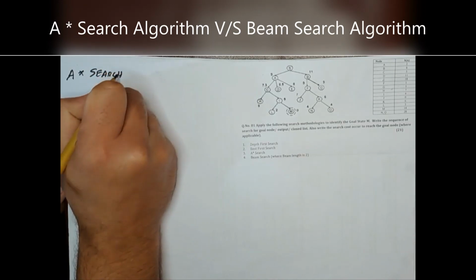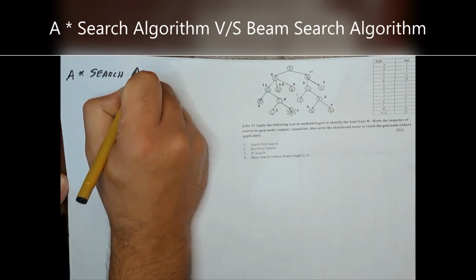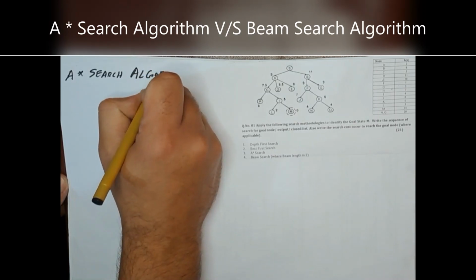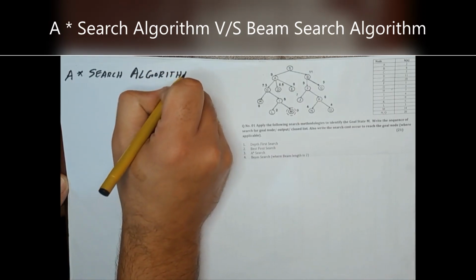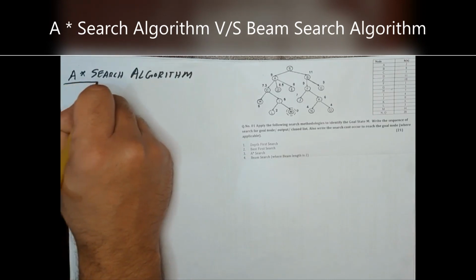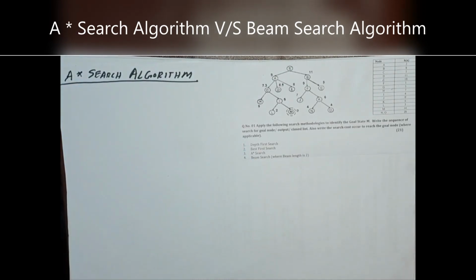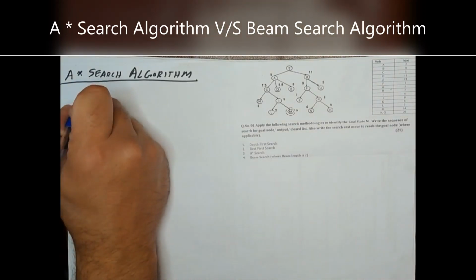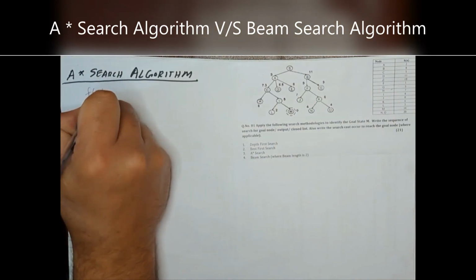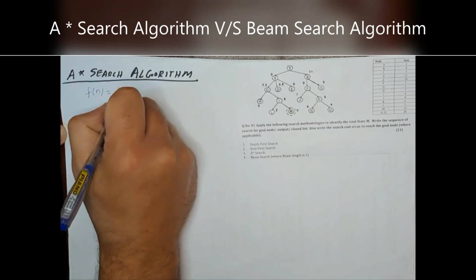This one is also called an informed search algorithm because we are provided with the cost of path as well as the cost of node. So the heuristic function that we use here is f of n is equal to h of n.